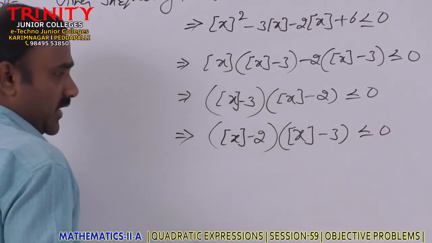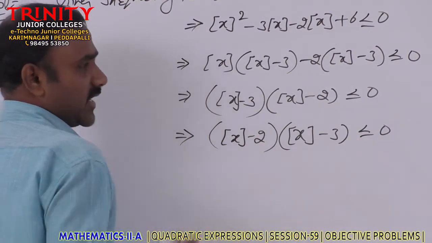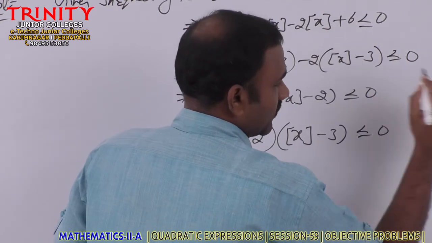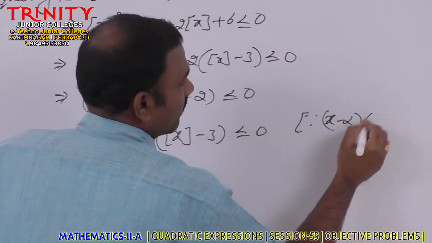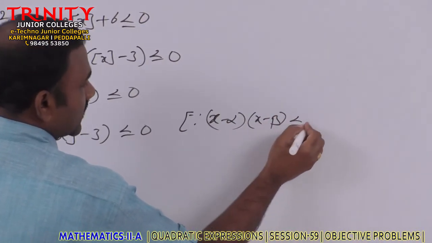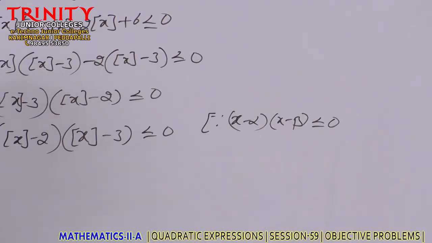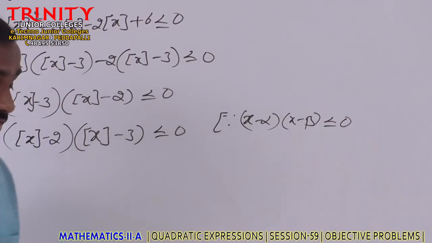This is in which form? (x − alpha)(x − beta) ≤ 0. Already we have discussed the sign of quadratic expressions.